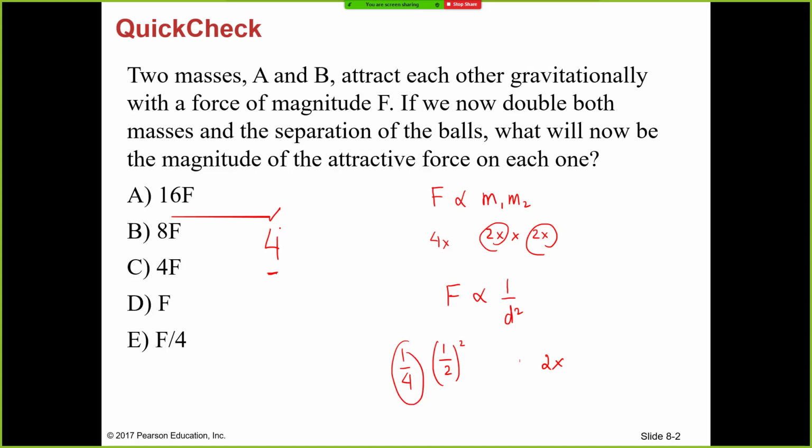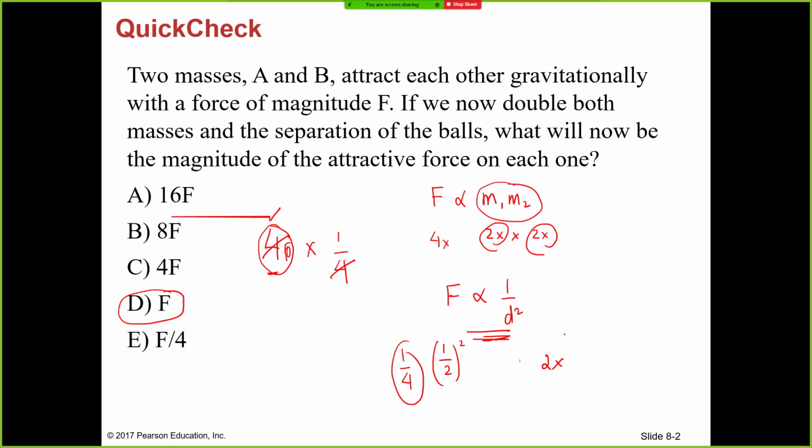So doubling each of the masses quadruples the force, but doubling the distance reduces it to 1/4. That means the effect would be the same. So that means it would remain the same. The force won't change. In other words, the increase in force due to the increase in mass is compensated by the increase in the distance.